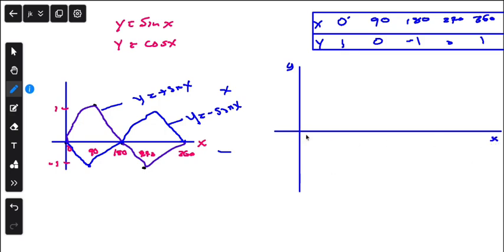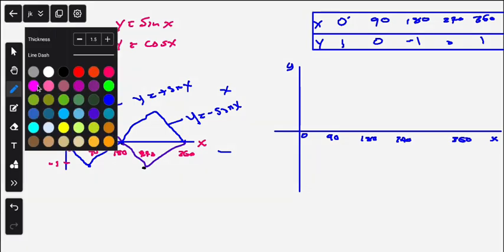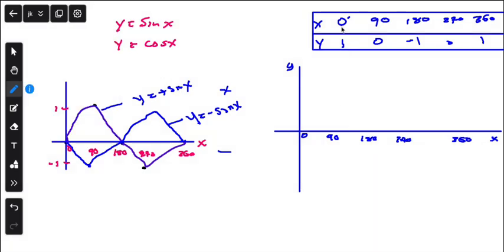So this is y and this is x. So we have 0, 90, 180, 270 and 360. So let's start plotting. So we have 0, 1, which is positive 1 somewhere here, and this is negative 1.